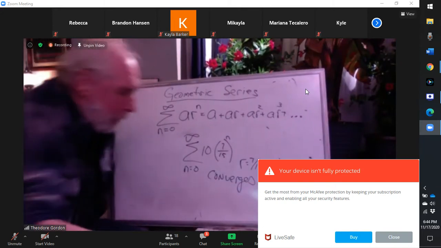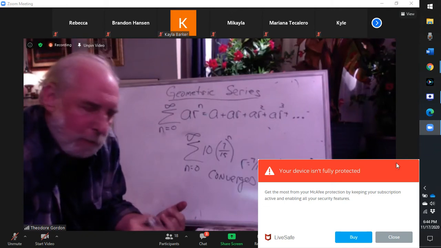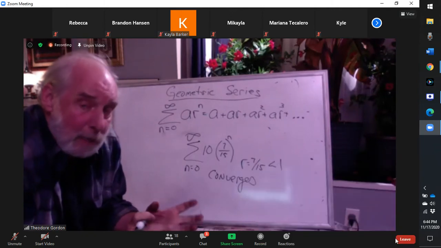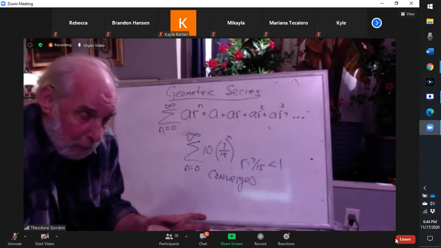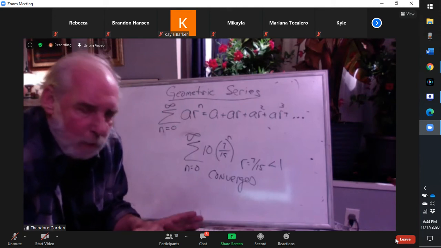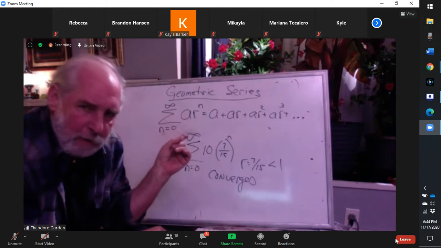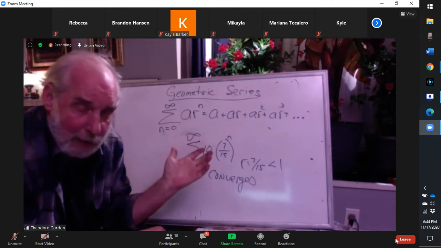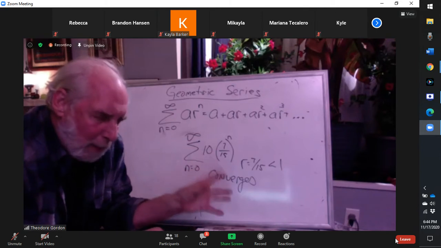So throughout chapter 9, for the next couple classes, our goal is to be determining if an infinite series converges or diverges. Usually, if it converges, we won't know what it adds up to. There won't be a way to find out. But in this geometric series, there is a way to find out what it adds up to. In general, we don't care what it adds up to.